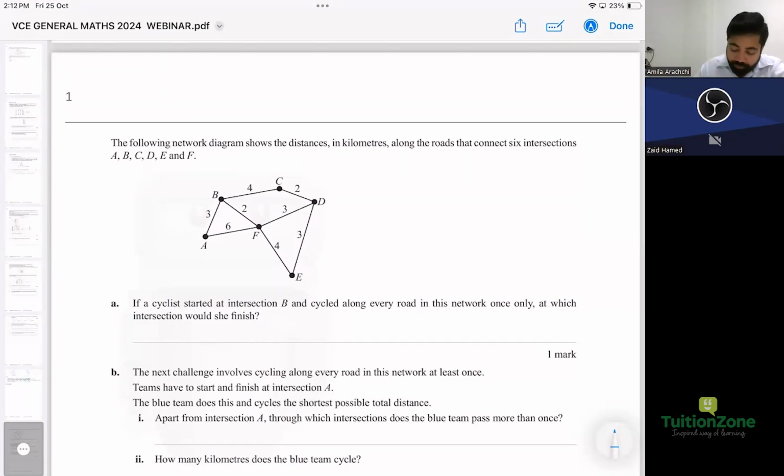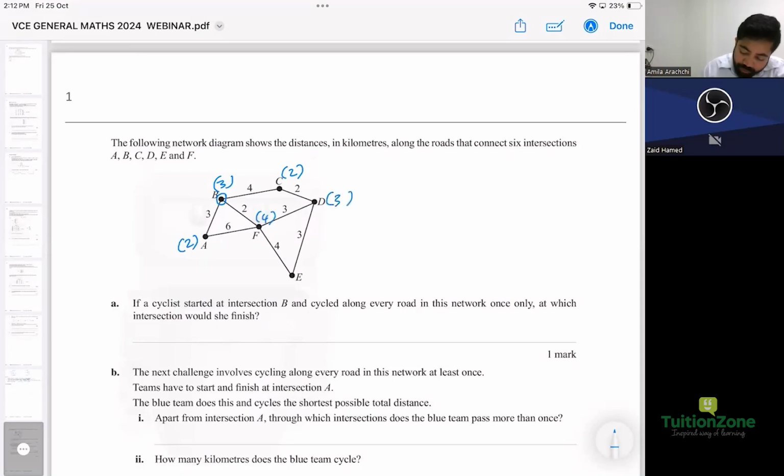Okay, so starting at the B. Can you see B is an odd degree vertex in this diagram? I'll write the numbers. So this is 3, and this is 2, and this is 2, and this is 4.